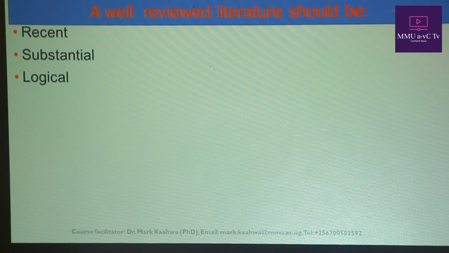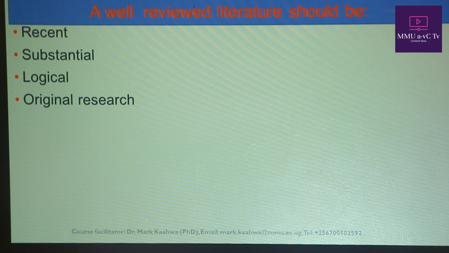Or are you beginning with the very oldest and then you come to the latest? Or are you just mixing up your works? There should be some chronological arrangement, some kind of logic as you arrange your work, so that you appear to be organized.